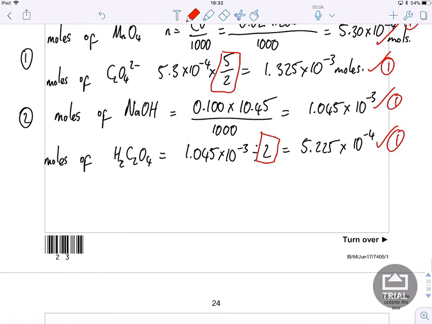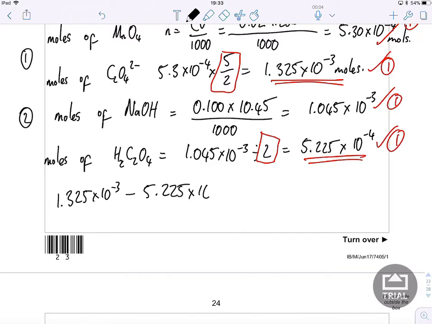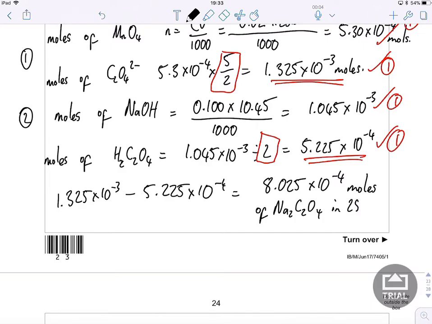So I need to do 1.325 times 10 to the negative 3, take 5.225 times 10 to the negative 4. That gets me 8.025 times 10 to the negative 4 moles of sodium ethanedioate. That, remember, is in 25 cubic centimetres of my solution.